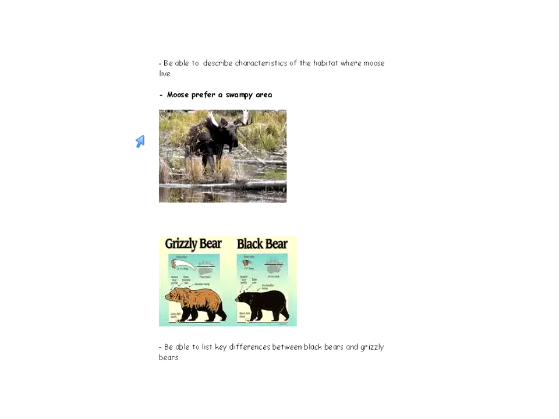All right, so this next picture here is showing a black bear compared to a grizzly bear. Can you think of at least one difference between the two? Okay, how about their size?